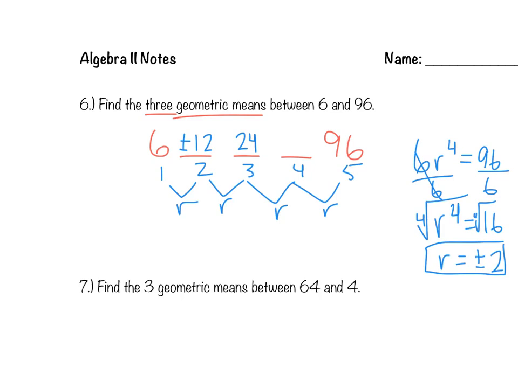And then the fourth one will. Anytime you're dealing with even roots, you have to do plus or minus, and that means that the even numbered terms here will also have plus or minus as well. So just something to be aware of. We'll go over it again for sure.